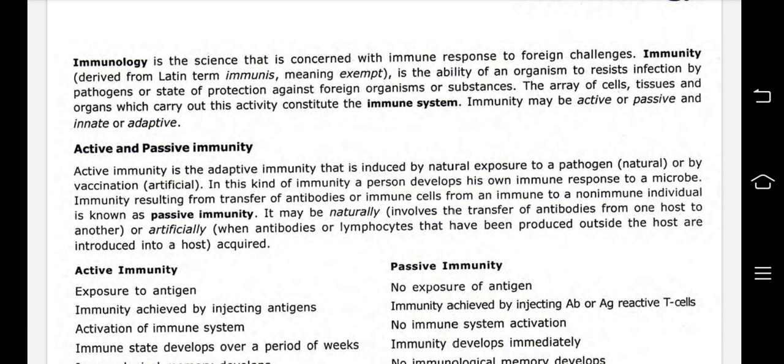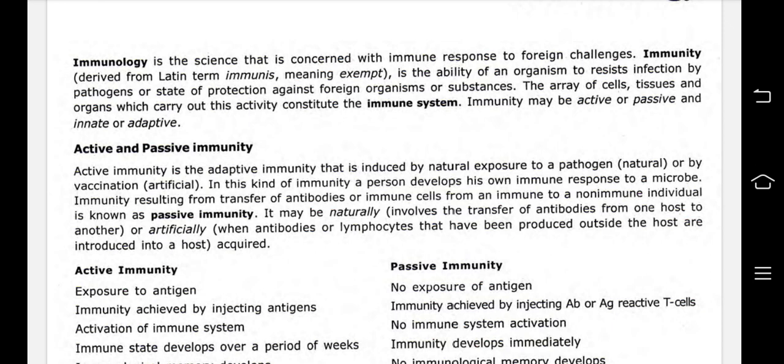Active and passive immunity. Active immunity is the adaptive immunity that is induced by natural exposure to a pathogen, which is natural, or by artificial vaccination-like mechanisms.